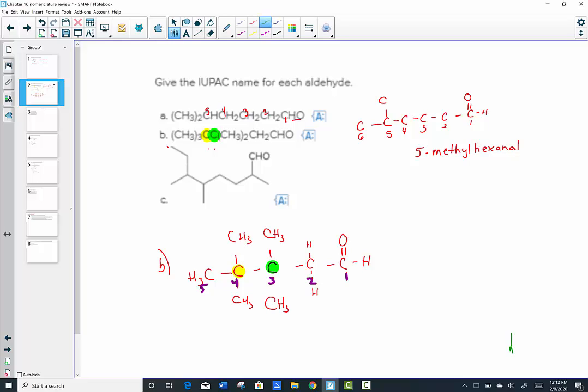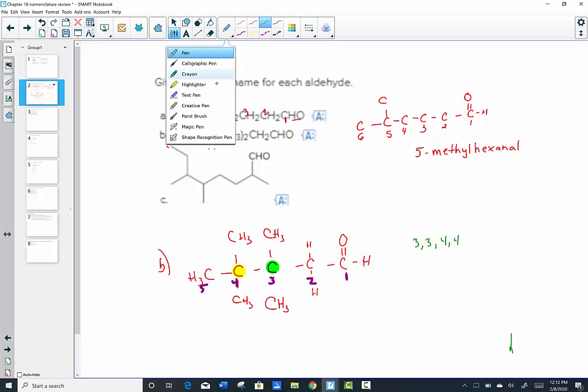Let's see. At carbon 3, there's 2 methyl groups. At carbon 4, there's 2 more methyl groups.